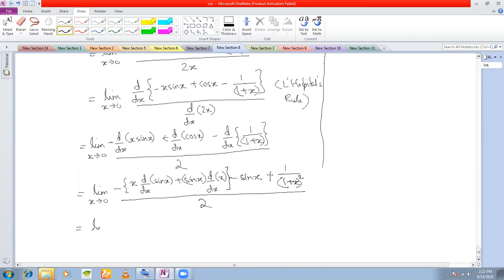So this is limit x tends to 0 minus x cos x plus sin x minus sin x. I think sin x will cancel, plus 1 by 1 plus x whole square, whole divided by 2.